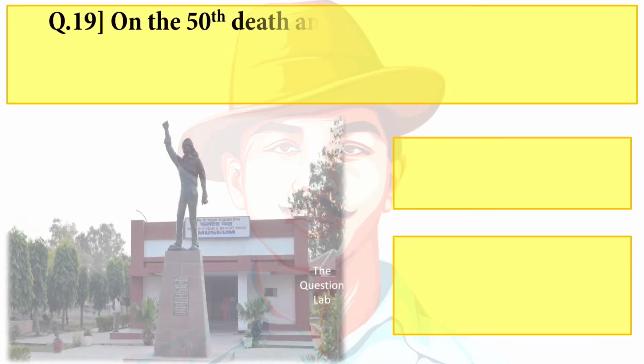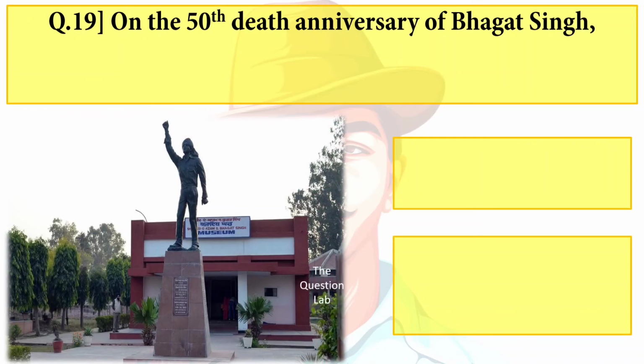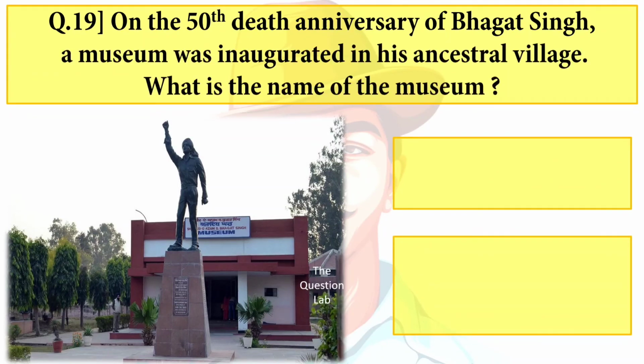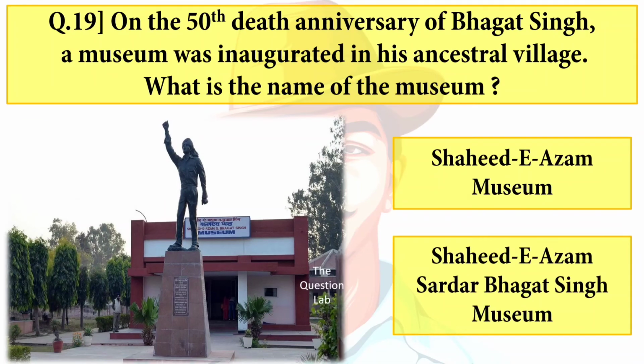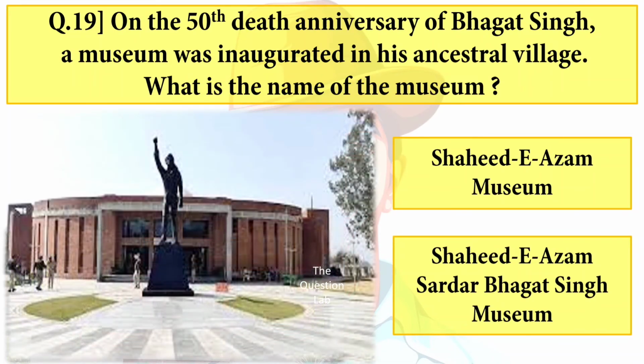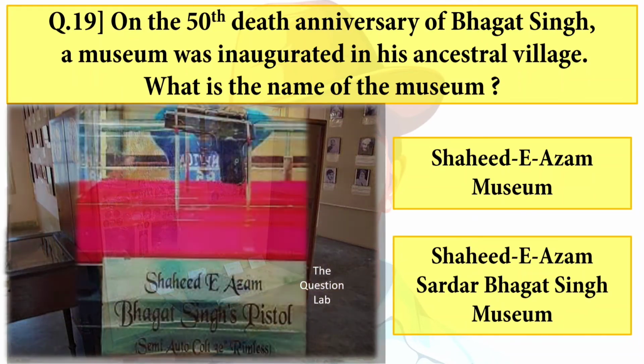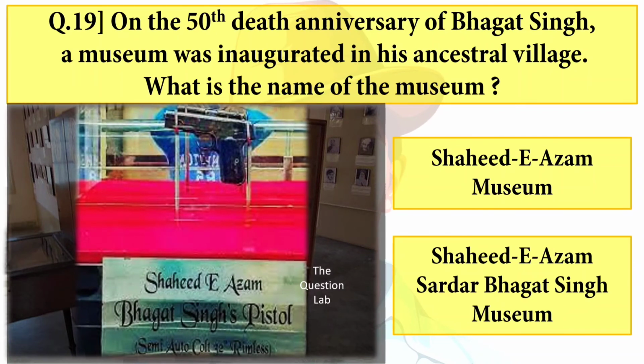Question number 19. On the 15th death anniversary of Bhagat Singh, a museum was inaugurated in his ancestral village. What is the name of the museum? Shahid-e-Azam Sardar Bhagat Singh Museum.